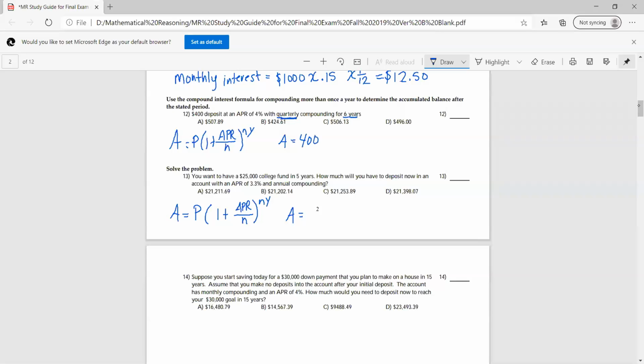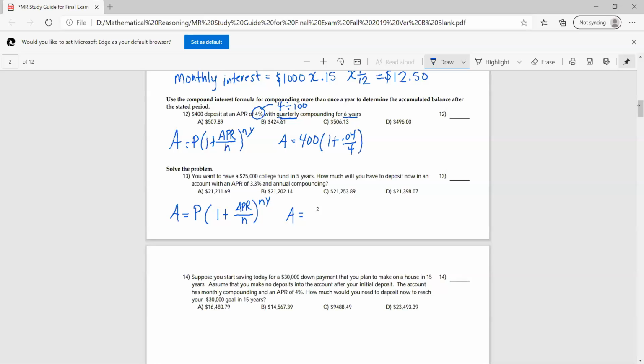That's our principal. That's what we started out with. And then we're going to have 1 plus an APR. Remember that you don't put 4, you don't put the percent, you take that and you divide it by 100 to get 0.04 here over 4. And this is 4 because quarterly is going to happen 4 times a year.